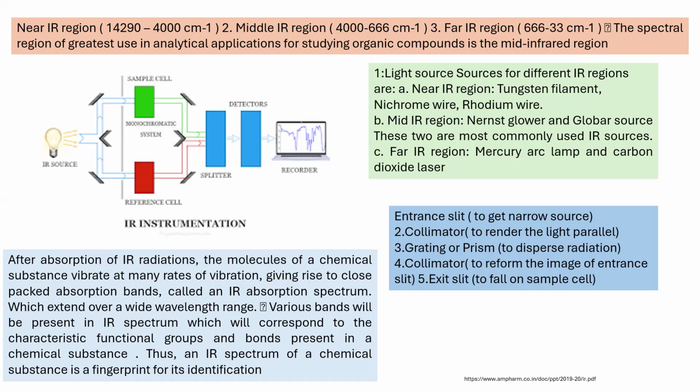There are different bonds, as we know, and these will be represented by different bands. What band? Wavelength band, right? And that band will correspond to a specific functional group, or to the bond present in the chemical structure. So, in one word, the IR absorption spectrum will give you a chemical fingerprint of a substance for its identification.